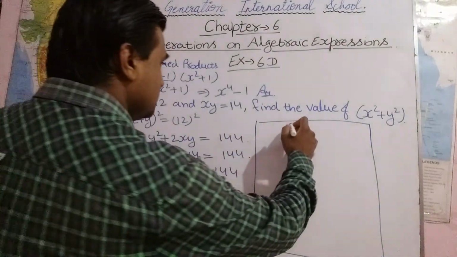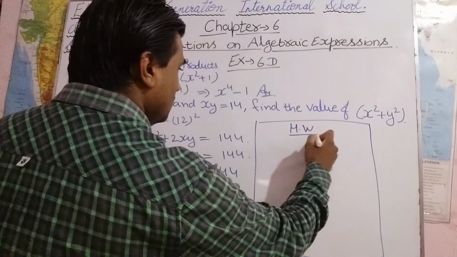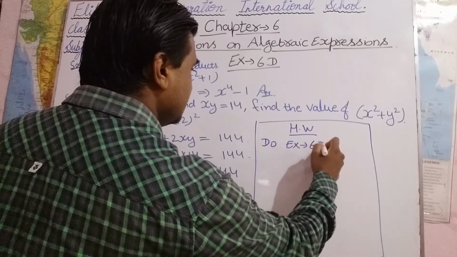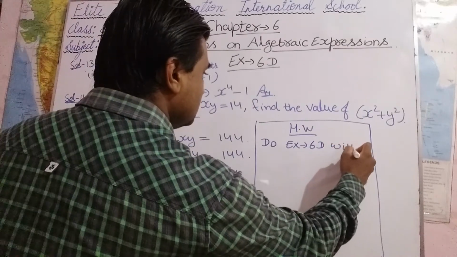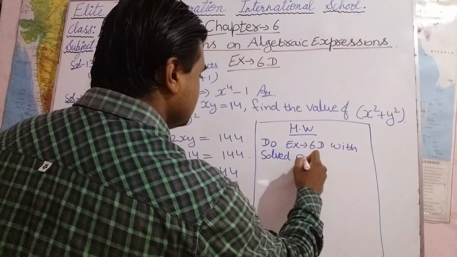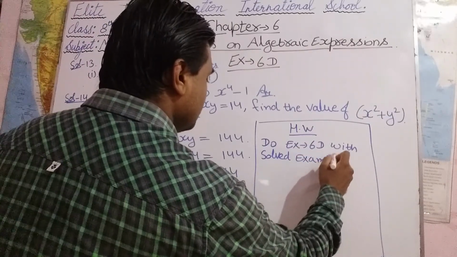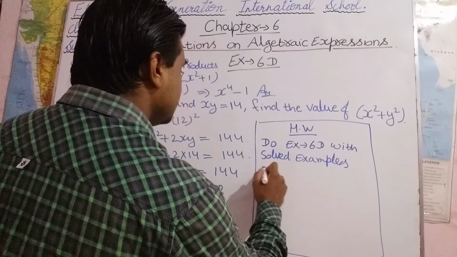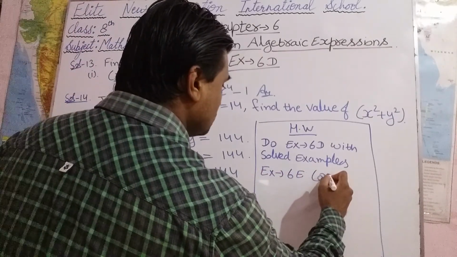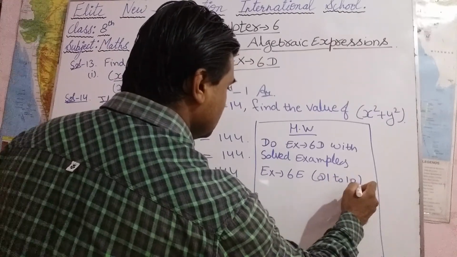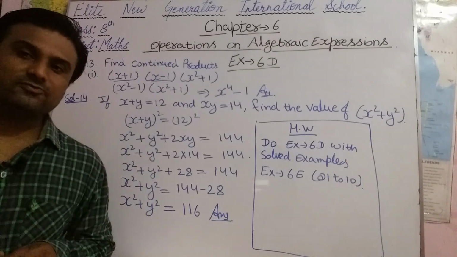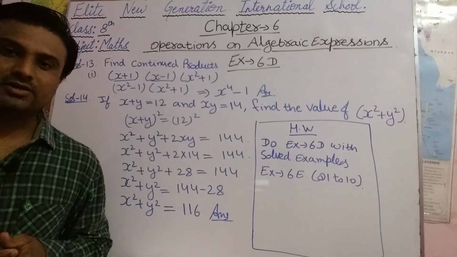So your homework is you have to do exercise 6D with solved examples and the optional exercise, that is exercise 6E, at least 10 questions. So question number 1 to 10 you have to try. So our chapter is finished. In the next session we will start a new chapter.